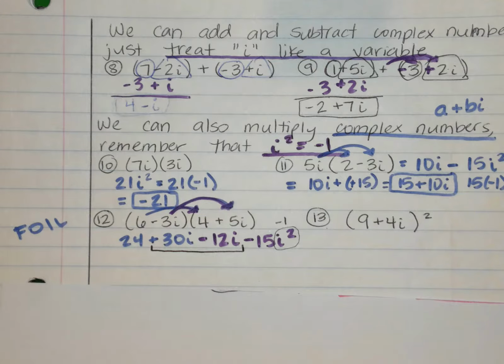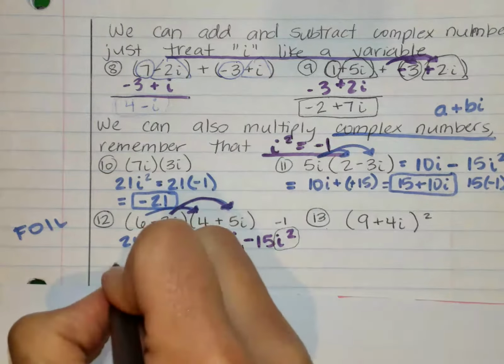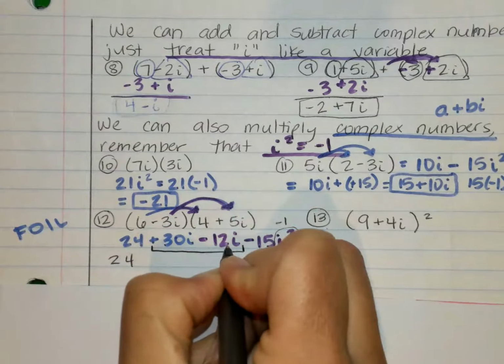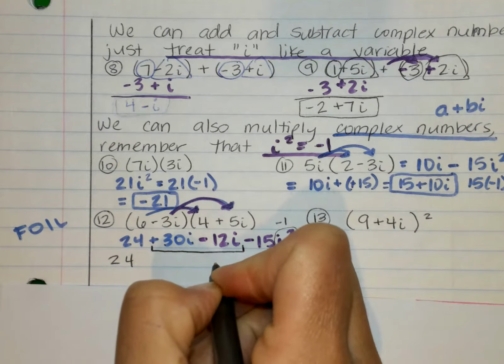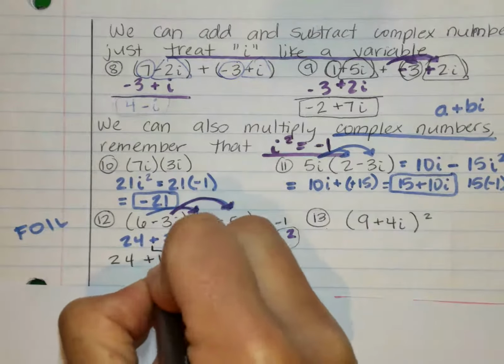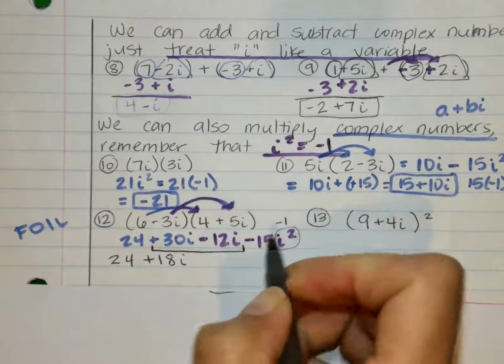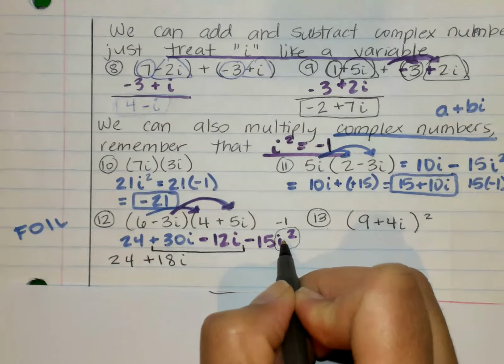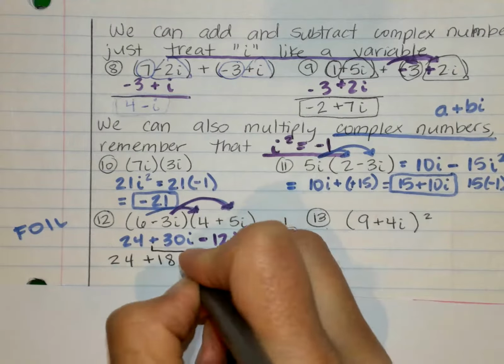So I'm going to simplify a little bit. So the 24 stays 24. 30 minus 12 would be 18i, so plus 18i. And then right here, it would be a minus 15, but it's also times negative 1, so that's going to change that sign.